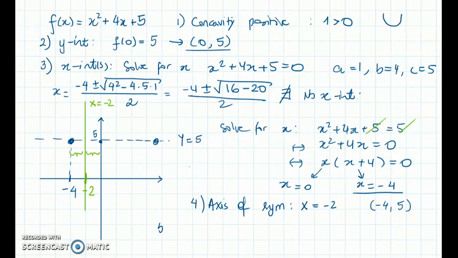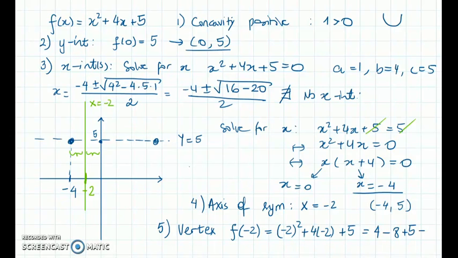And it also means that we can go ahead and find the coordinates of the vertex. We know now that the x coordinate is -2. So we need to apply our function to -2. And then we're going to get (-2) squared plus 4 times -2 plus 5. So this is 4 minus 8 plus 5. So this is 1. So the vertex has coordinates (-2, 1).